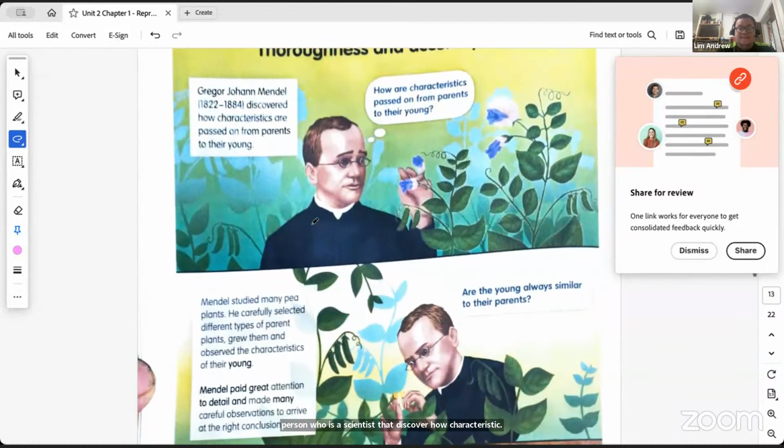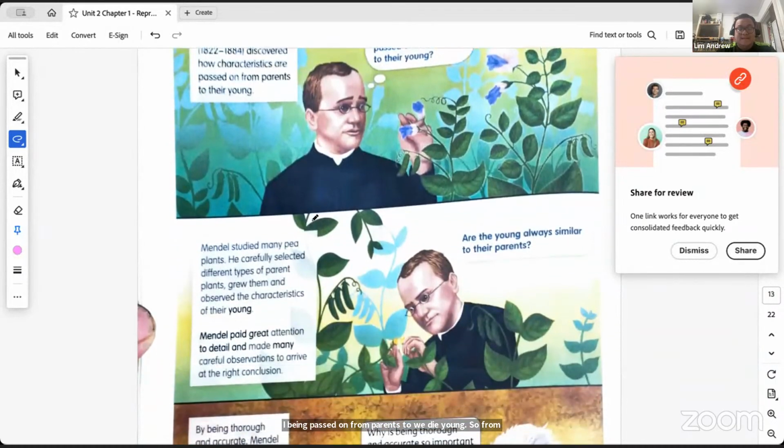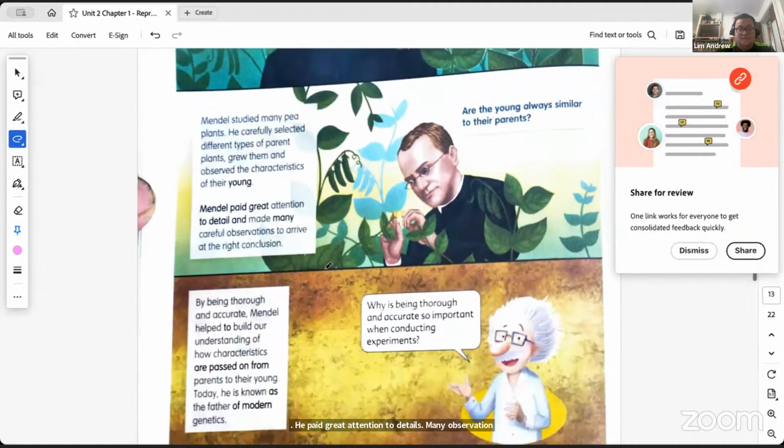He studied many plants. He carefully selected different types of plants and grew them to observe the characteristics of the young. He paid great attention to detail and made many careful observations to arrive at the right conclusion.